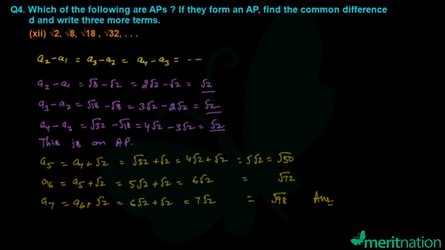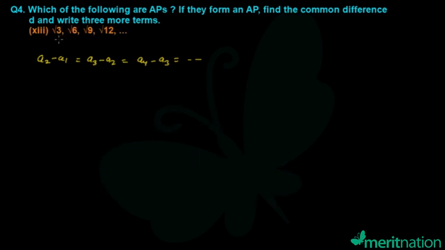The next part we have is root 3, root 6, root 9, root 12. Let us subtract. a2 minus a1 is root 6 minus root 3. Since these are not like terms, we can't subtract, so this will be as it is. a3 minus a2: a3 is root 9, and root 6 is the second term.